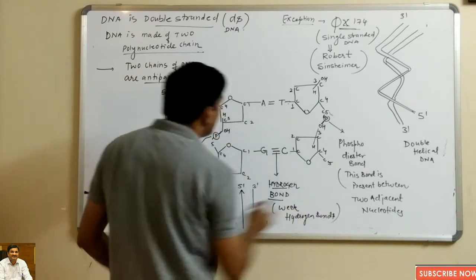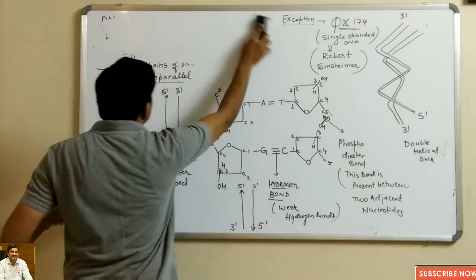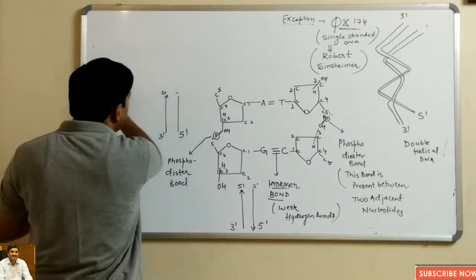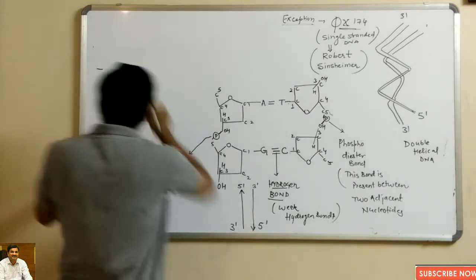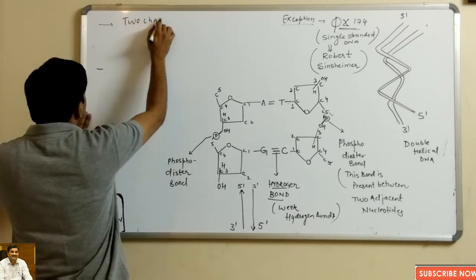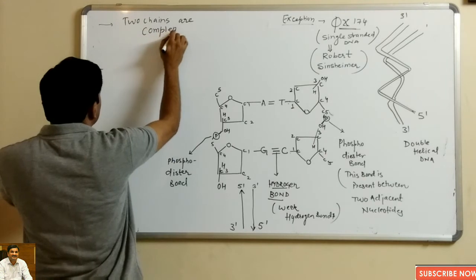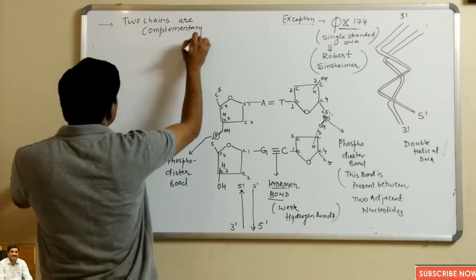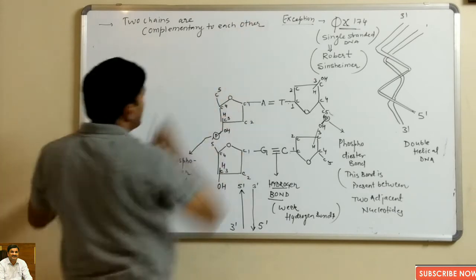Now coming to the third property: not only are the two chains antiparallel to each other, the two chains are also complementary to each other. Now the question arises, what do you mean by complementary?